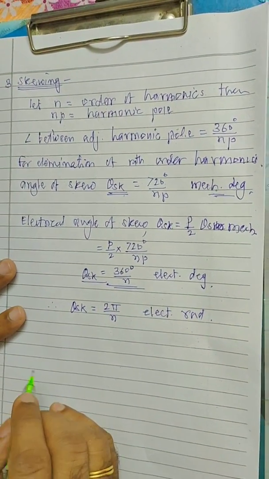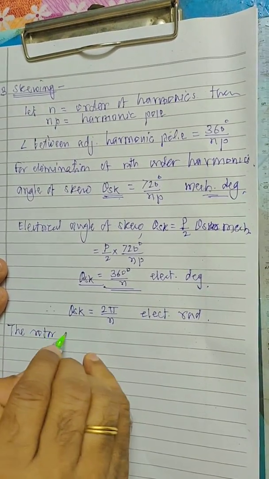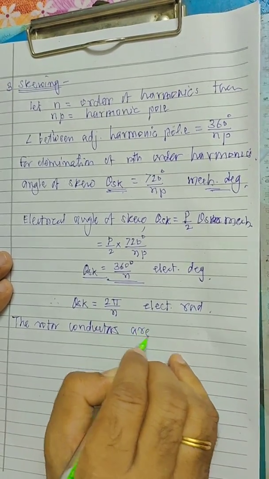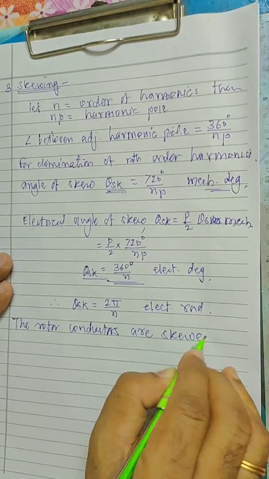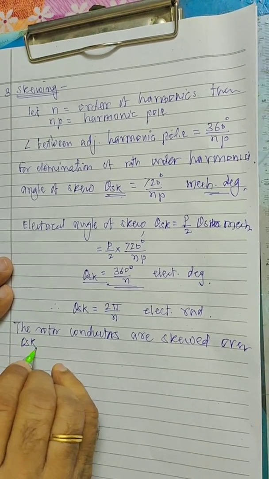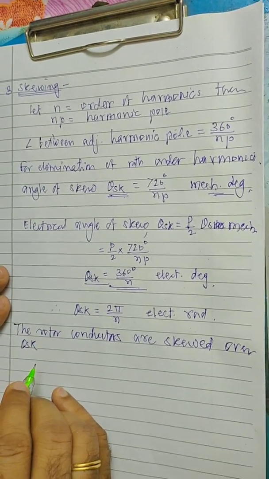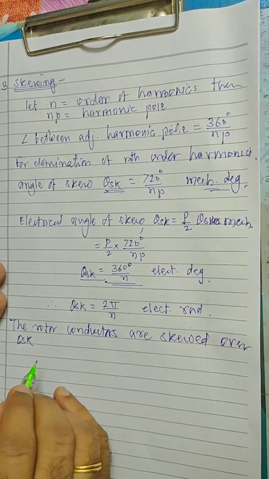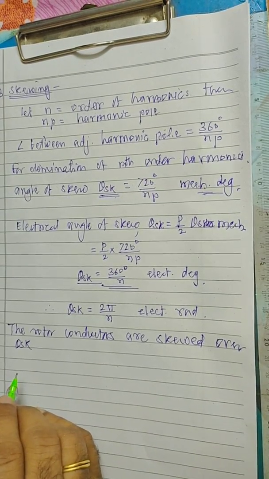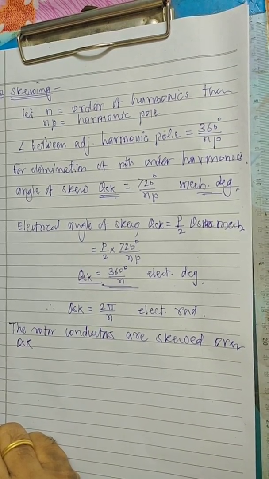The rotor conductors are skewed over the angle of skew theta sk. So the EMF induced in the rotor depends on the distribution factor, because EMF induced depends on the winding factor, and the winding factor is coil span factor into distribution factor.